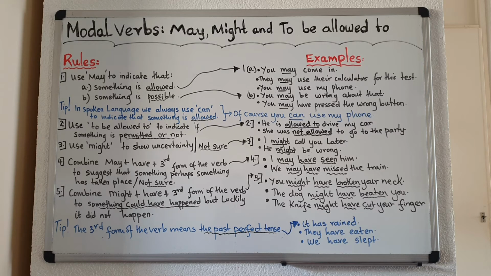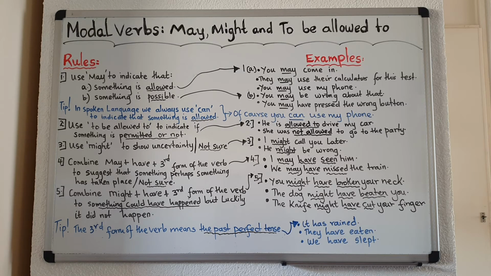Now, before I move on to rule number 2, I have a very important tip for you. In spoken language, that is when we are speaking, we always use can to indicate that something is allowed.